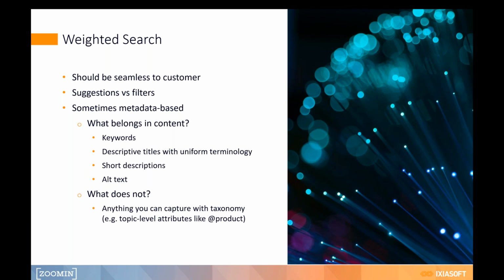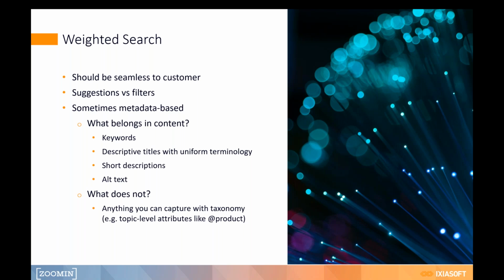And this might make sense in the context of a manual or some complete piece of documentation. But on the web, where there is no context, it makes no sense whatsoever. So if someone does a search and they get as a result a topic that's called introduction, well, introduction to what? There's nothing to tell them what that topic is about.